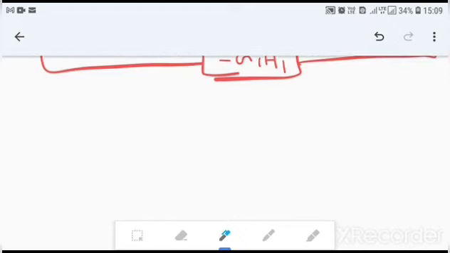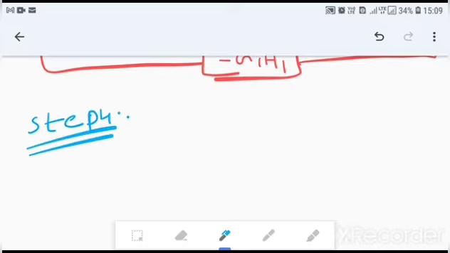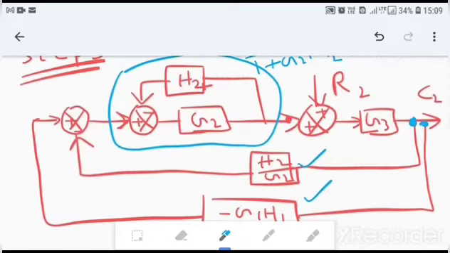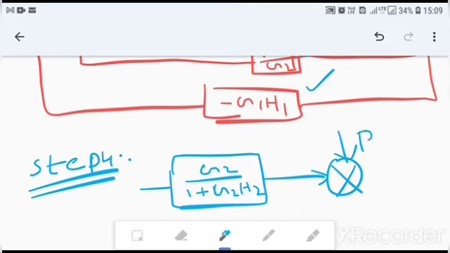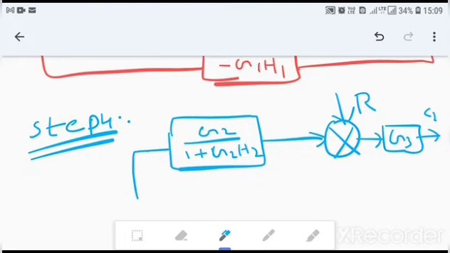So what we get in the next step 4, we get one block which is nothing but the feedback path of G2 by 1 plus G2 H2. Then we have the summing point for which we are giving the input R, and then here we have as usual G3, and here we have the output C2, and we are taking the feedback with parallel path.